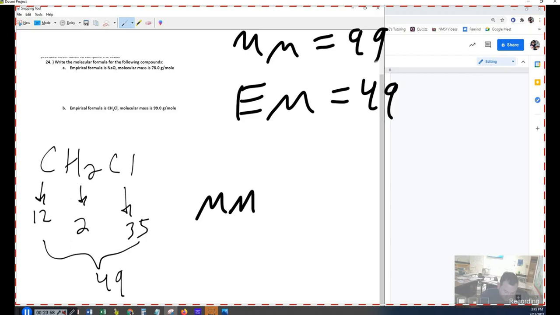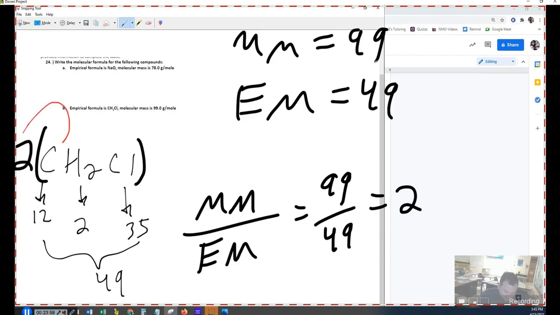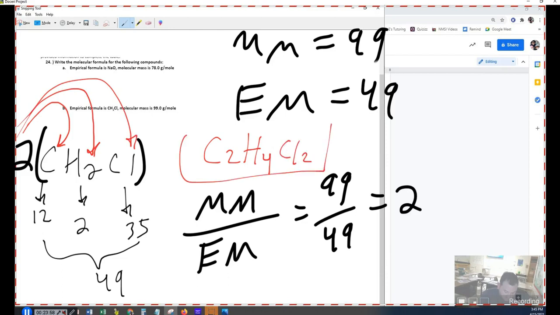So molecular formula mass over the empirical formula mass, that's 99 over 49, that's 2. So I'm going to take 2 and multiply by our formula, making sure to distribute. 2 times carbon is C2. 2 times the hydrogen, that's 2 times 2, that's 4 hydrogens, and then 2 times that chlorine, Cl2. So that's our molecular formula.